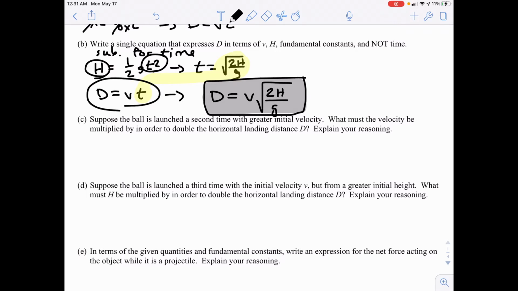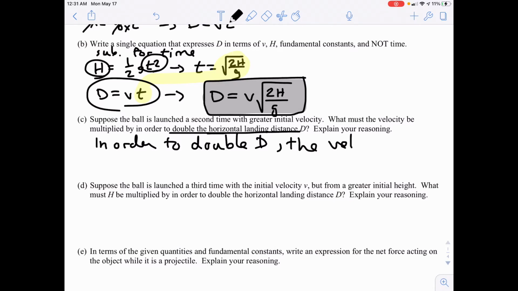We could look at this equation right here. In order to double d, the horizontal distance, the velocity must be multiplied by 2. In other words, 2v, 2d.